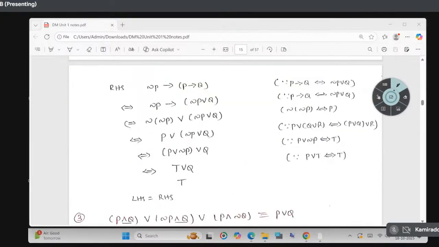Again, we apply the laws over here. When we try to apply those things, our RHS, P implies Q, is equal to negation P or Q. So here negation P or Q, here we are applying. Again we are applying double negation over here.